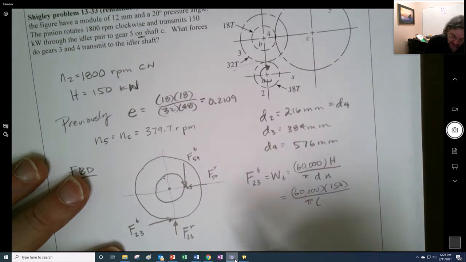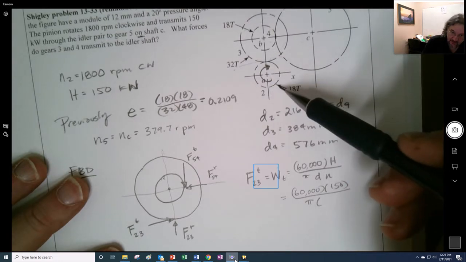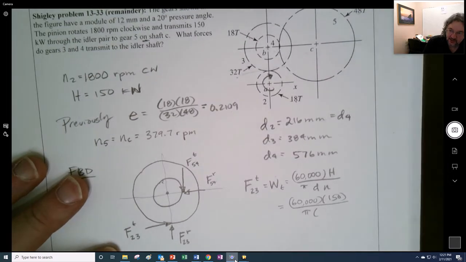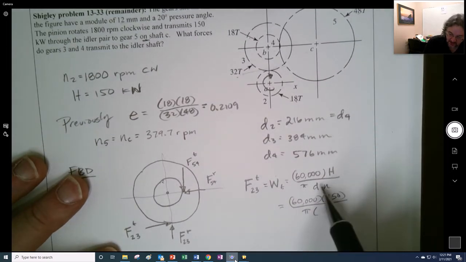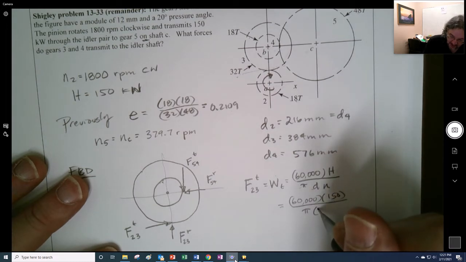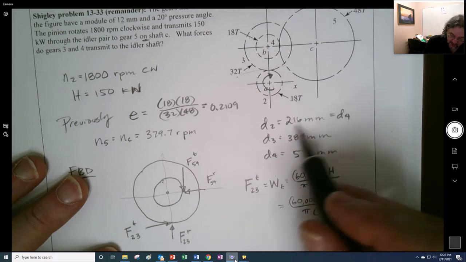We're going to use the diameter of the pinion right there, because we know its RPM and we know its diameter. We have to make sure we're always using the correct combination, because these forces will be dependent on the diameter and the RPM along with the power. Notably, this equation uses millimeters for the diameter.